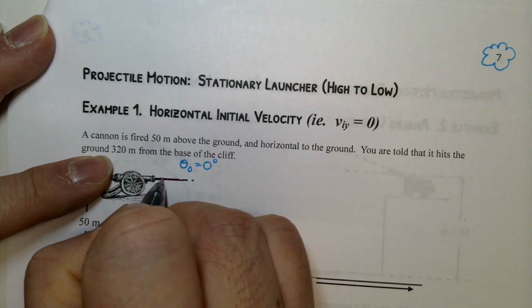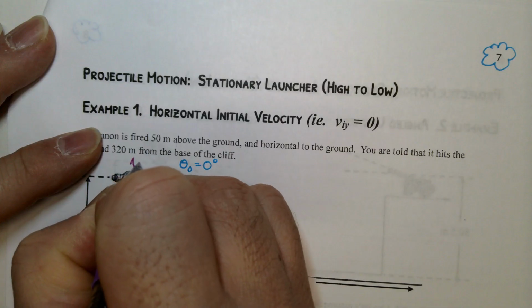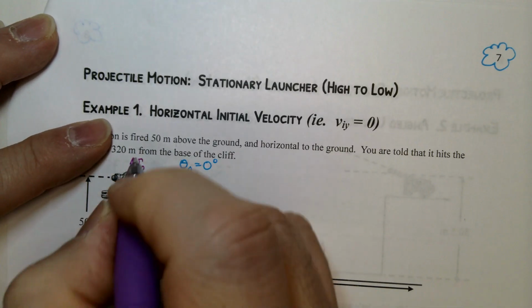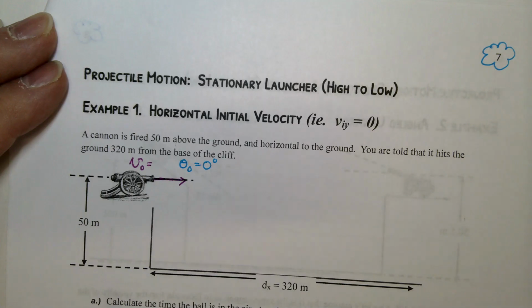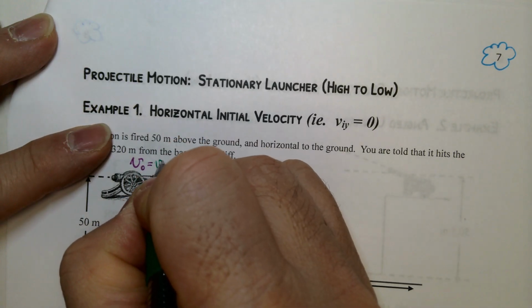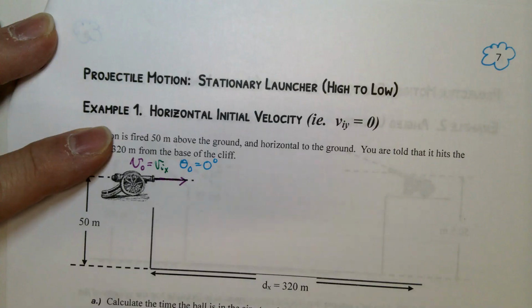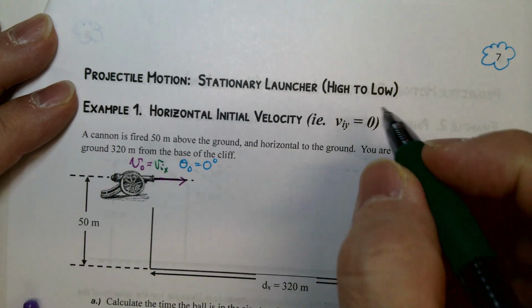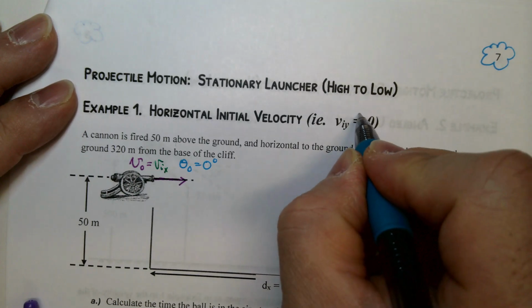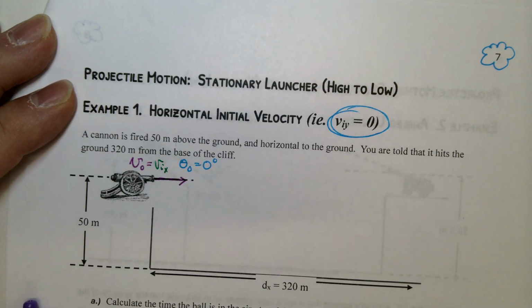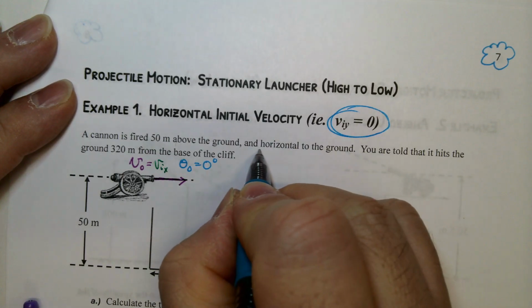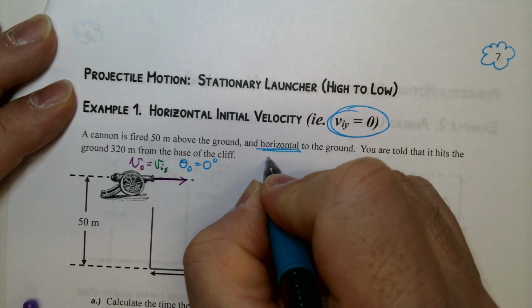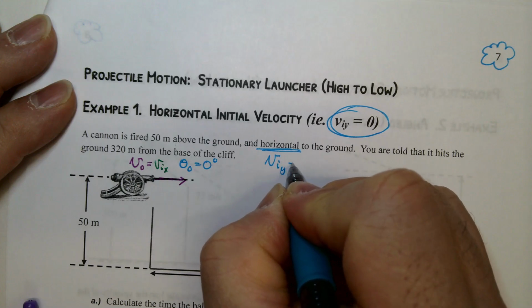So this thing is fired horizontally at V naught. And that V naught is actually your V_ix. Because you are shooting it horizontally, that means your V_iy is 0. Okay? So horizontal means your V_iy is equal to 0.